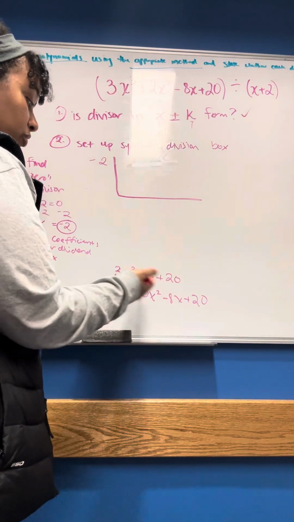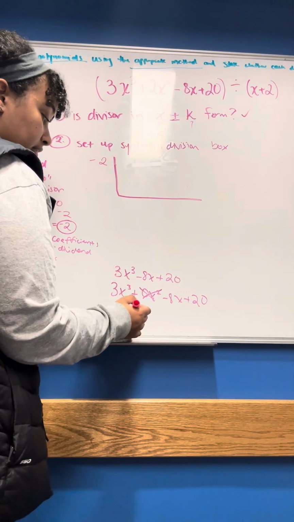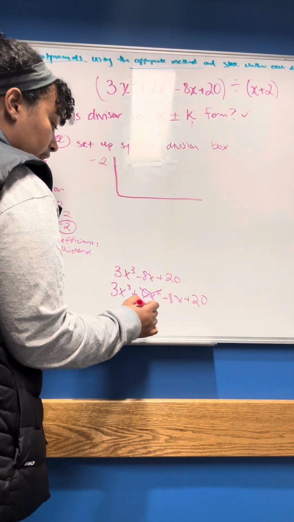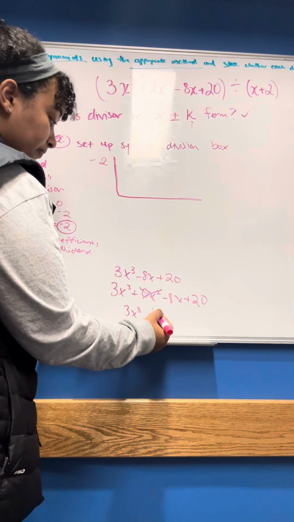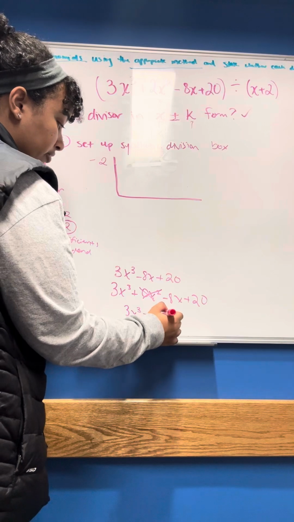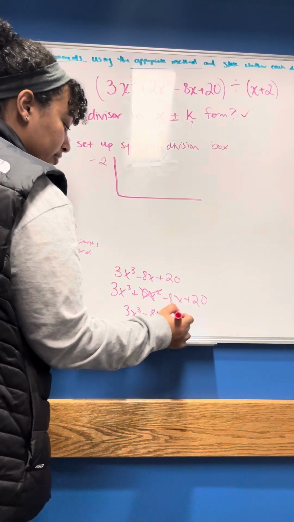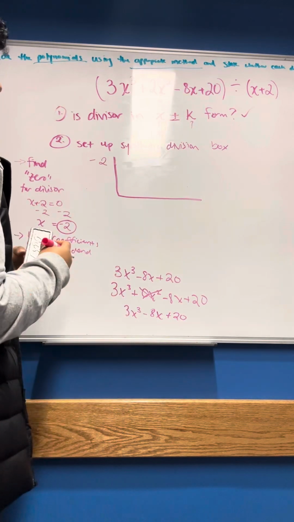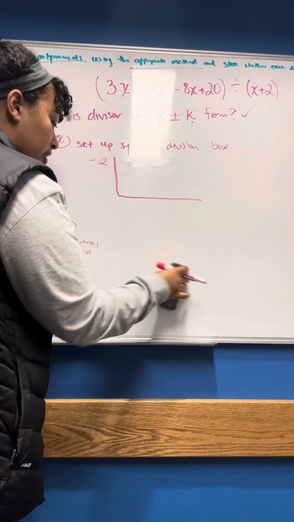Instead of putting 0, you just don't have to put anything. It's gone. And that's why when it looks like they forgot or they didn't put an x or the next term, it just means its coefficient is 0, and you would put the coefficient as 0 inside the box, okay? But that's not the case for this dividend.